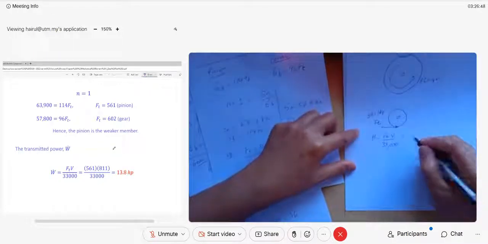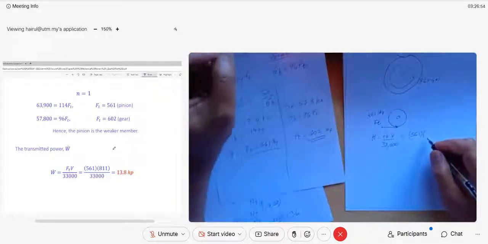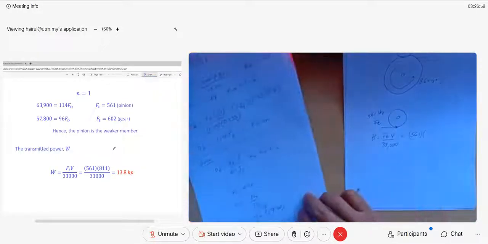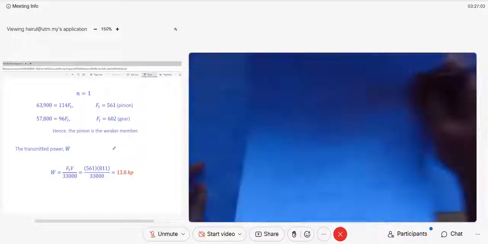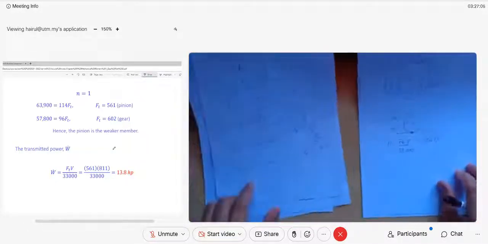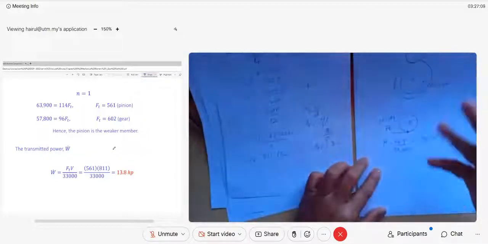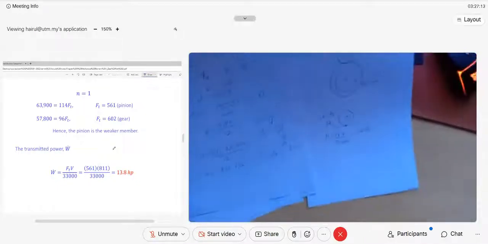For the pinion, this is 561 pound force times the pitch velocity we calculated just now to get our KV, which is 811. The pitch velocity for the gear and pinion is the same, the tangential velocity. Guys, are you with me or not, class?